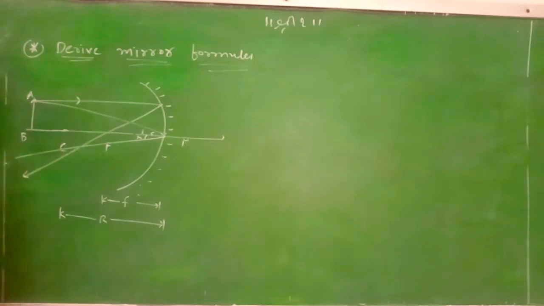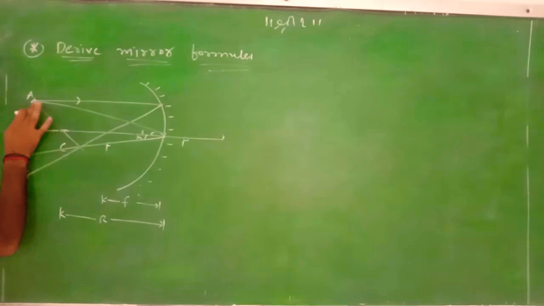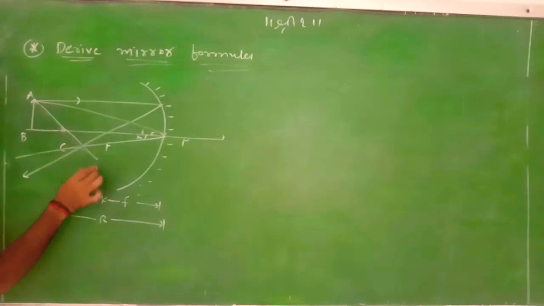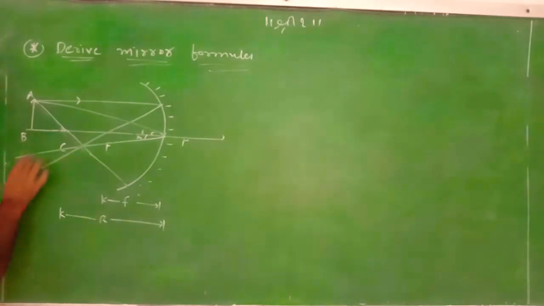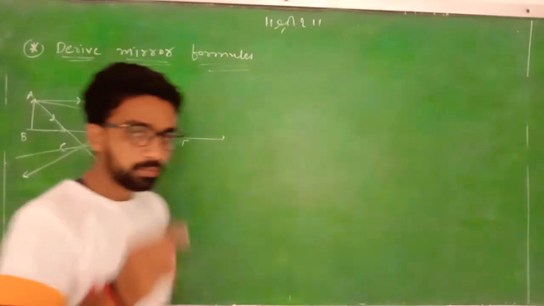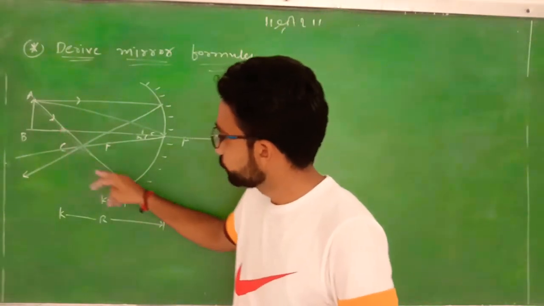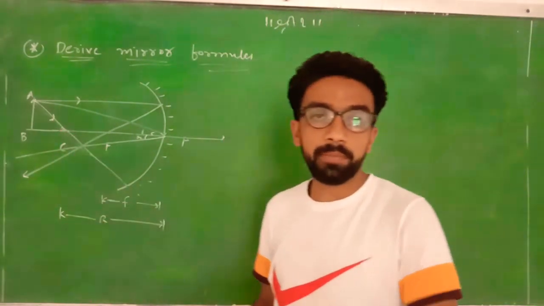We consider one more ray, that passing through C. This is the incident ray. Keep in mind that whenever an incident ray passes through the center of curvature, the reflected ray follows the same path.